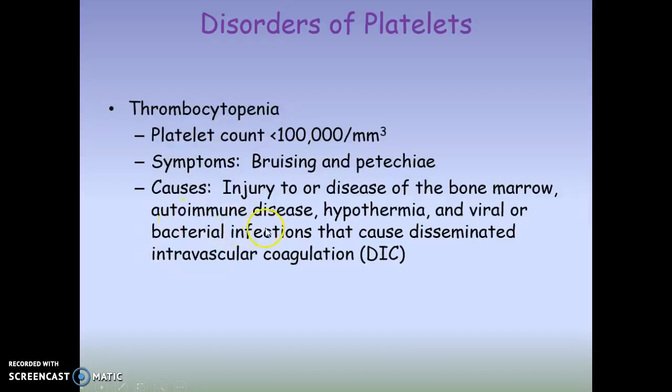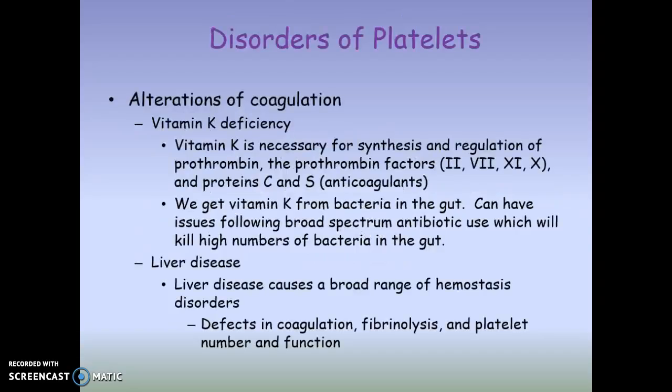It can be an autoimmune disease, and so you could actually have antibodies that develop against your platelets, and so then the platelets are targeted for destruction. Hypothermia, and then viral or bacterial infections. And then these can cause intravascular coagulation, which we'll talk about in just a couple of slides. So, decrease in the platelet count.